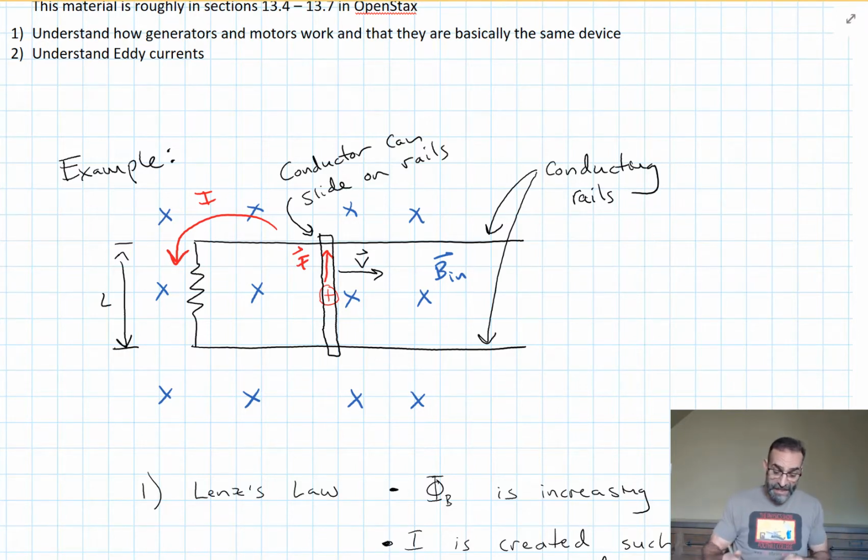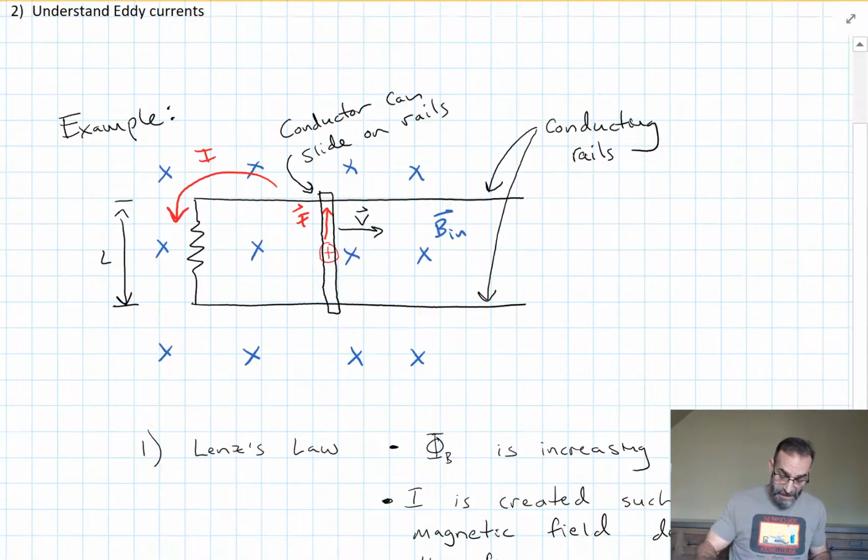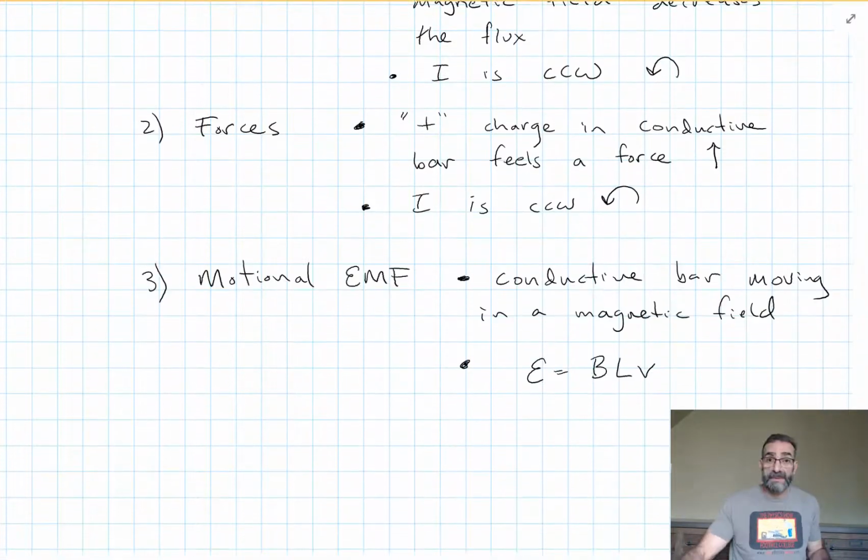And we saw in the last video what that is. The EMF induced across that conductive bar moving in a magnetic field is the magnetic field times the length of the bar times the speed of the bar, the velocity. And it's just as if we're hooking up a battery to our circuit with this EMF.